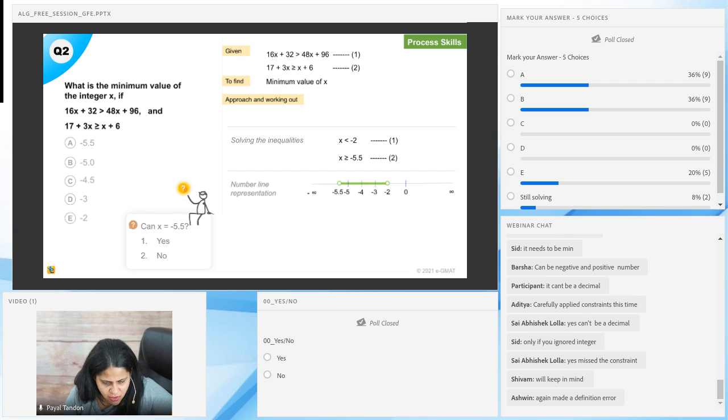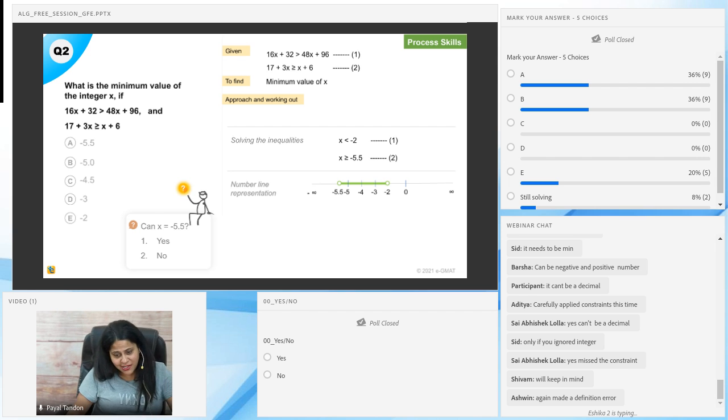Oh, you guys are typing. Sorry, my chat was scrolled up. Okay, sorry about that. Carefully applied constraints this time. Good, Aditya. Very nice. Abhishek says it cannot be a decimal. Sid is saying only if you ignored the integer. Okay, good, very nice. So Ashwin, I won't say it's a definition error. In the previous one, it was the definition error because you looked at non-negative and said non-negative does not include zero.